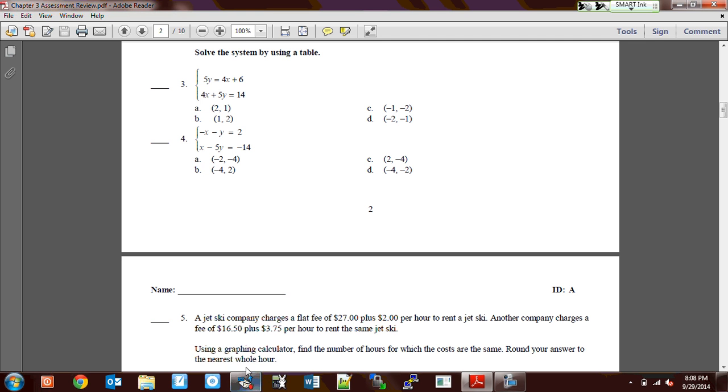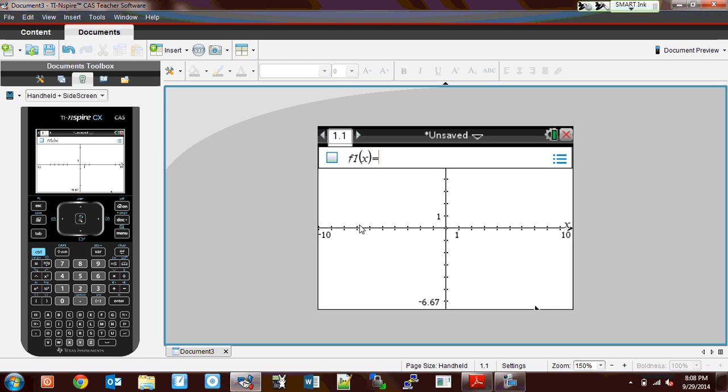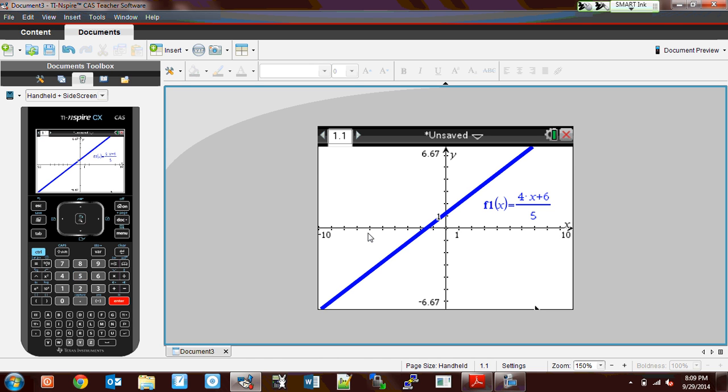Let's go to the graphing calculator. We've already got the graph pulled up. So our first equation was 5y equals 4x plus 6. So let's put the 4x plus 6 in parentheses, and then divide by 5 because it was 5y.